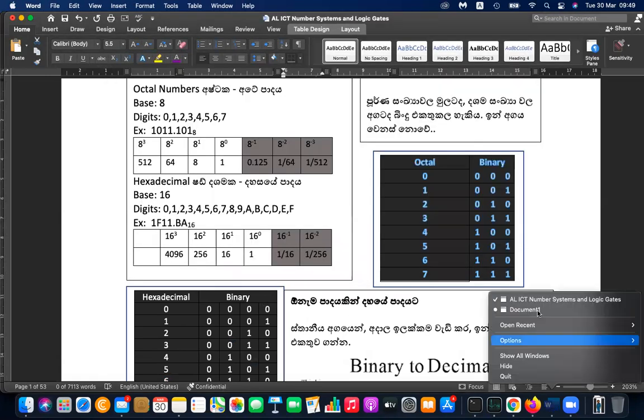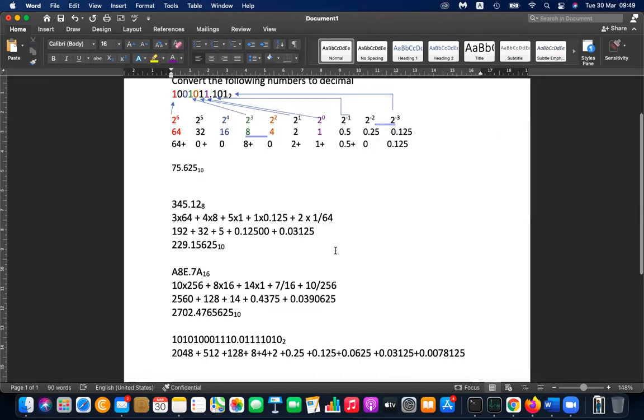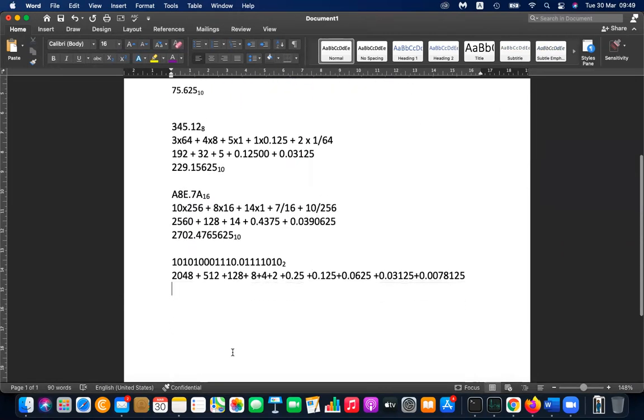Okay, write the question. Convert the following decimal number to binary, octal, and hexadecimal.